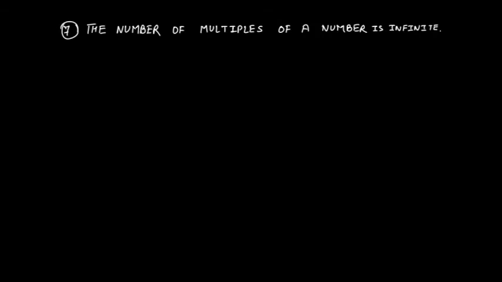Now this is point number 7, and point number 7 says that the number of multiples of a number is infinite. So we saw that the number of factors of a number is finite, right? If you remember, we saw for 12, the factors were 1, 2, 3, 4, 6 and then 12. So here you had 6 factors.